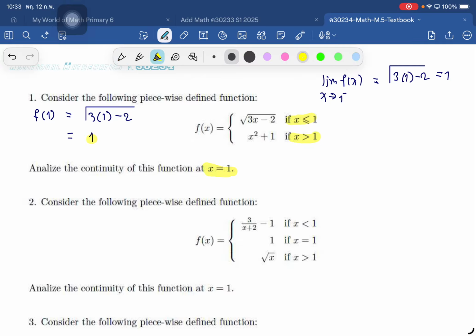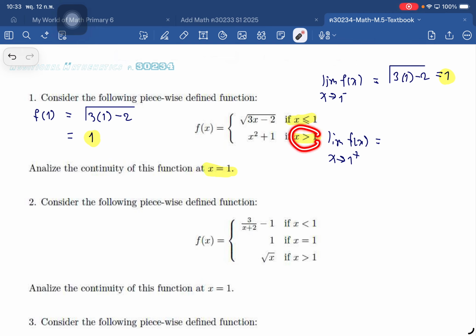Minus 9 over 3, you get minus 3. Minus 3 plus 6, you have 3. The left limit and the right limit are the same, and the value of the limit equals the value of the function. This is continuous.